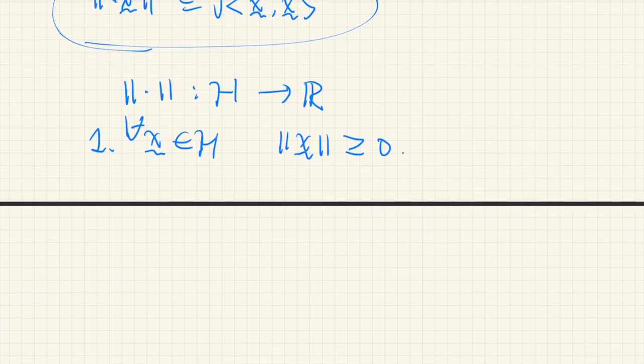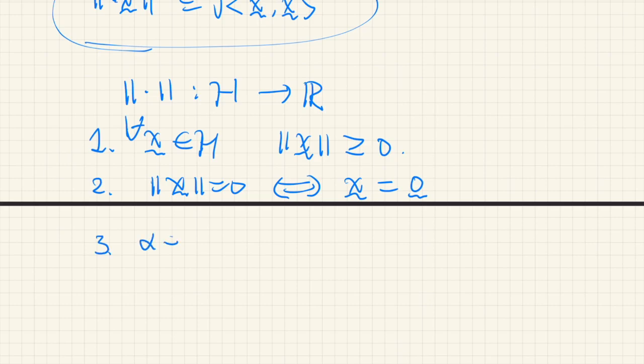And second, if the norm of x is 0, then that means the vector x itself is the 0 vector, and vice versa. And third, let's say alpha is a real number, then the norm of alpha x is equal to the absolute value of alpha times the norm of x.